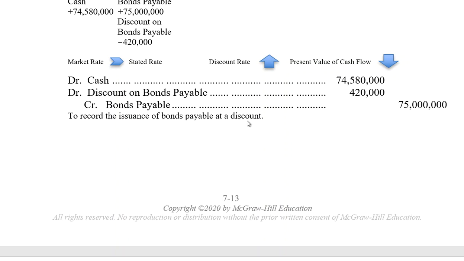And it would be listed underneath bonds payable, and it would increase bonds payable, its carrying value. So a premium on bonds payable would be a credit here instead of a debit, like the discount was. So a discount would carry a debit balance. A premium on bonds payable would carry a credit balance.